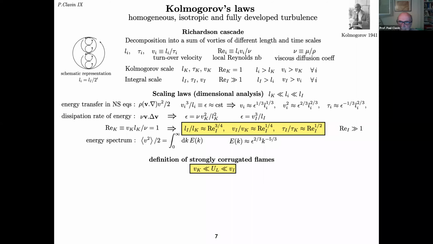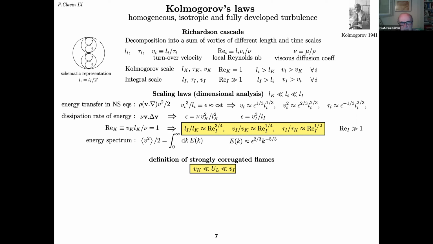And this spectrum of energy, in fact, is verified for 2 decades in very, very large wind tunnels, when the Reynolds number at the integral scale is close to 10,000, for example.